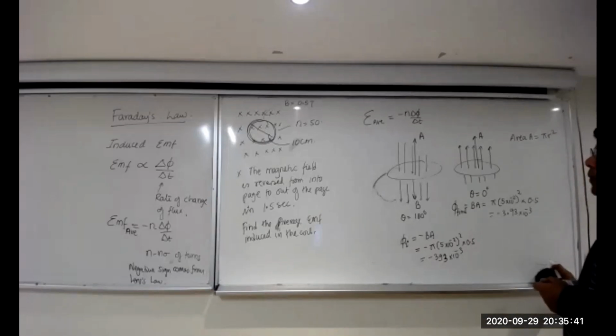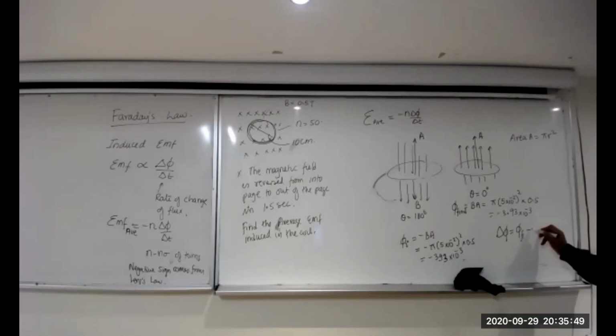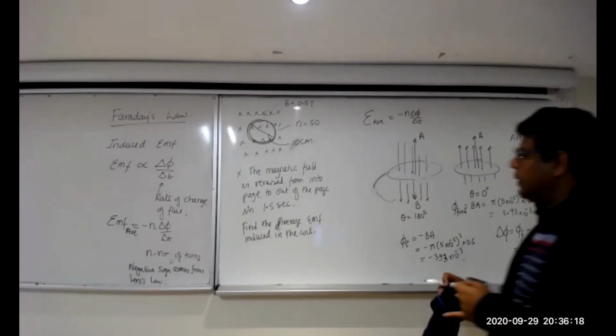The final flux is going to be positive 3.93 times 10 to the power negative 3, and the initial is negative 3.93. So overall the flux change is going to be times 2. You get 7.85 times 10 to the power negative 3 Weber.